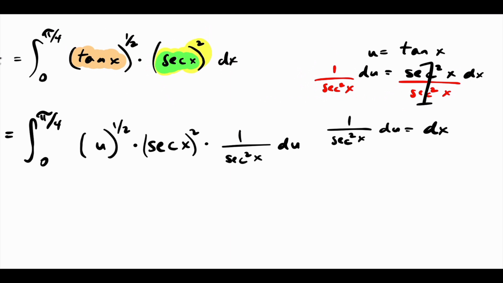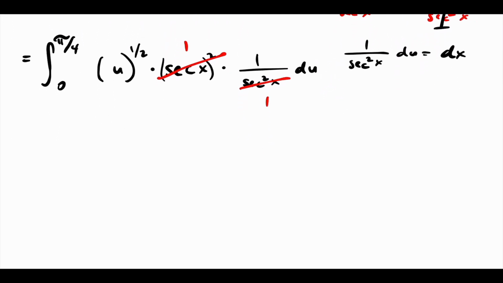Secant squareds are going to cancel out, which we wanted them to. So now we're left with u to the 1/2.